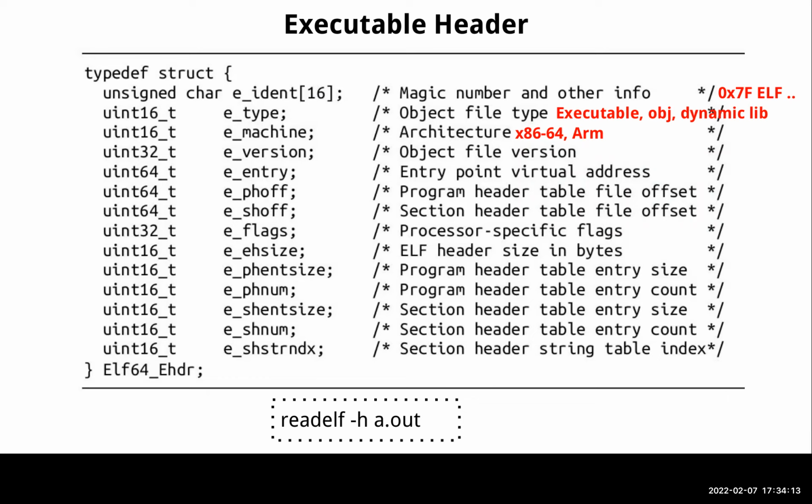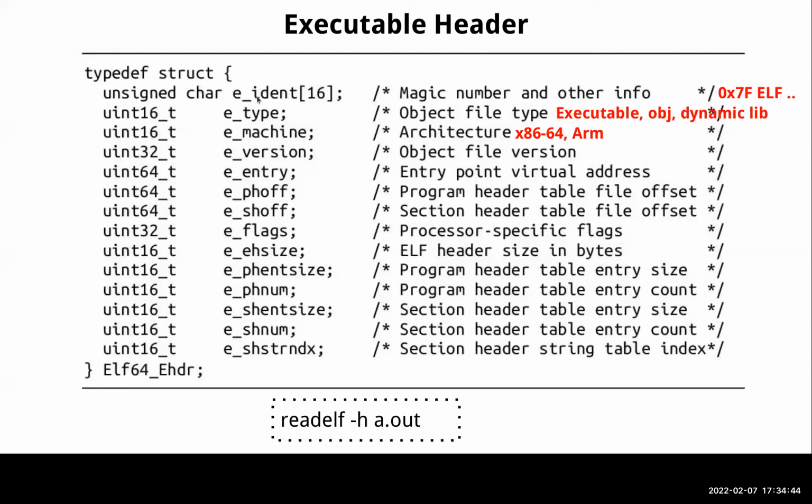Obviously, we don't need to remember this, but I will show you several fields here so you can get a feeling for what is stored here. We're not going to discuss all the fields, just the several important ones. The header always starts with 16 bytes of characters that store the magic number and other information.